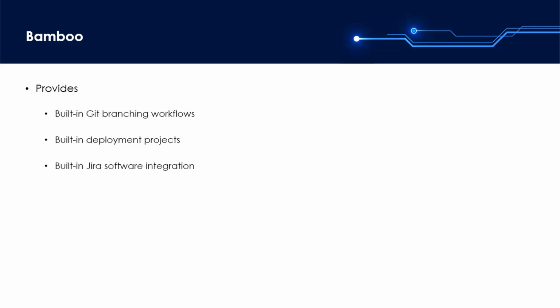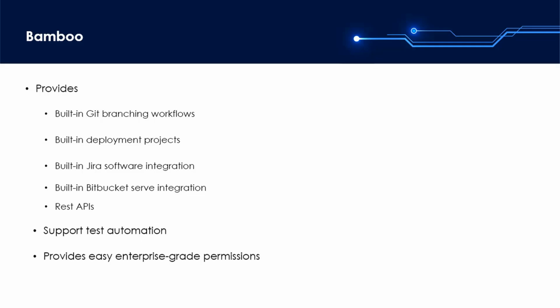It provides built-in Jira software and Bitbucket server integration that can help developers get end-to-end visibility into release implementation, quality, and status. Apart from these, Bamboo also provides support for REST APIs, test automation, along with simplified and easy enterprise-grade permissions for security.